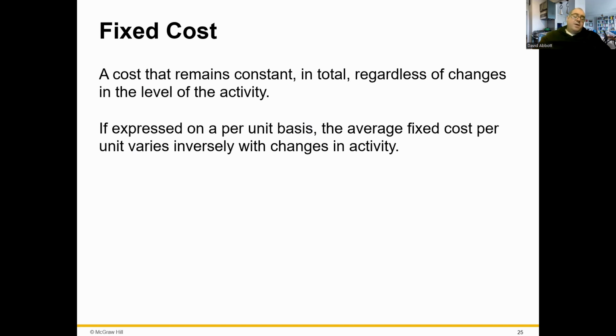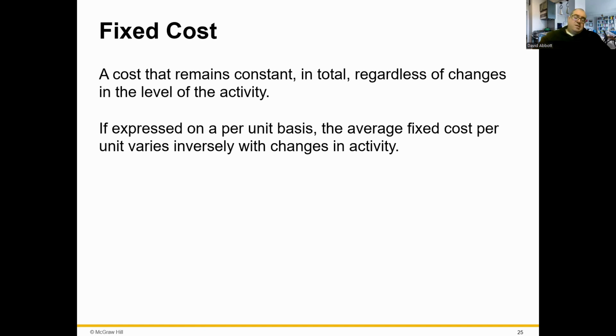Then you might have fixed costs. Fixed costs are costs that remain consistent in total, regardless of changes in the level of activity. If expressed on a per unit basis, the average fixed cost per unit varies inversely with changes in activity.